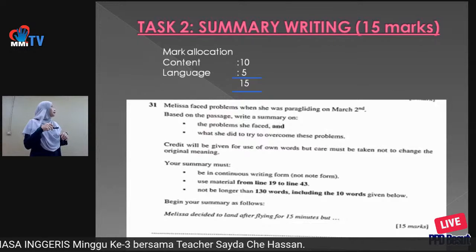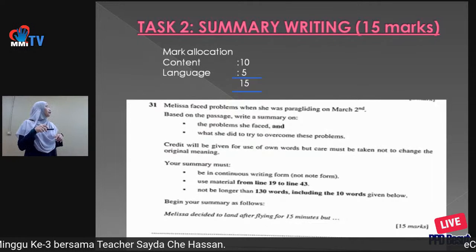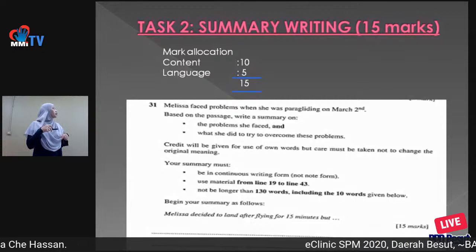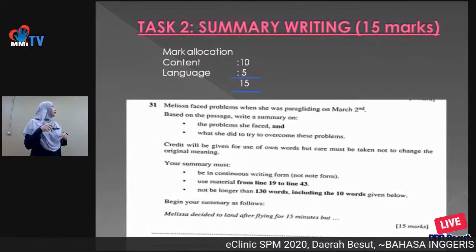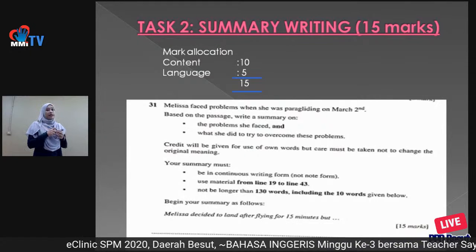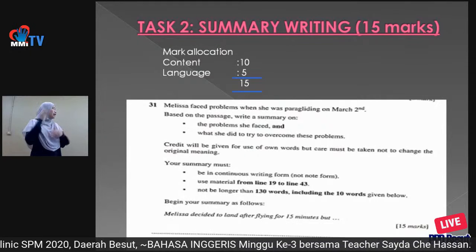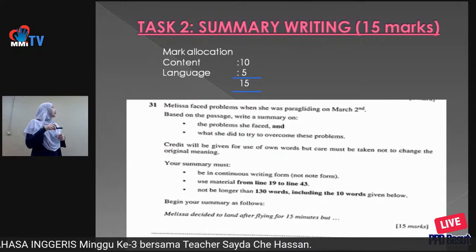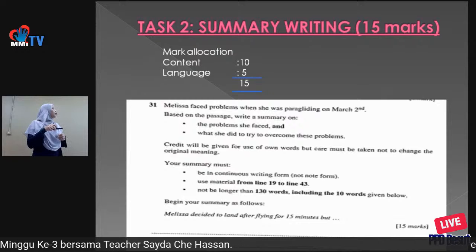Okay, alright. The credit will be given for use of own words, but care must be taken not to change the original meaning. Your summary must be in continuous writing form, not note form. Okay, jangan buat dalam point form. Okay, mesti dalam bentuk essay. Okay, one paragraph only. Okay, use material from line 19 to 43.